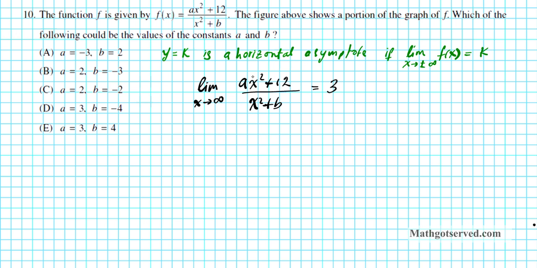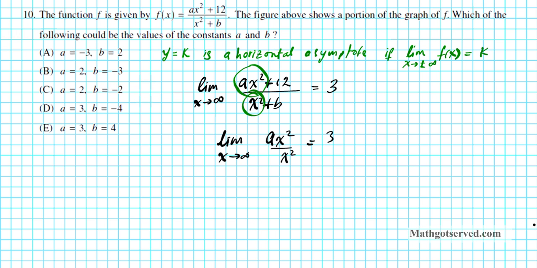So in the numerator, this is the quickest growing term. In the denominator, that's the quickest growing term. You only do this for infinite limits. Don't do this for finite limits like we were doing in number 1, that's not accurate. So focus on those two. This problem becomes the limit as x approaches infinity of ax squared over x squared equals 3.